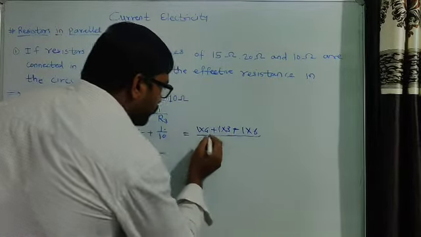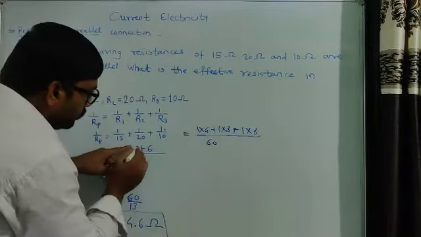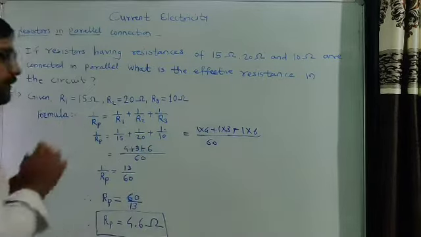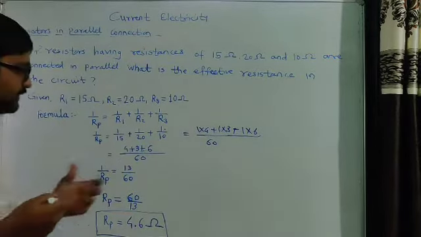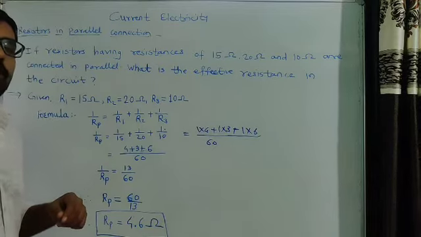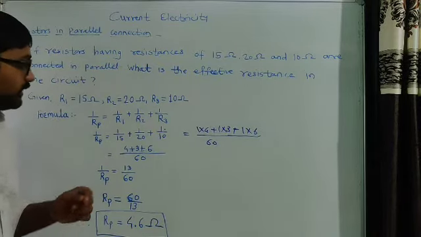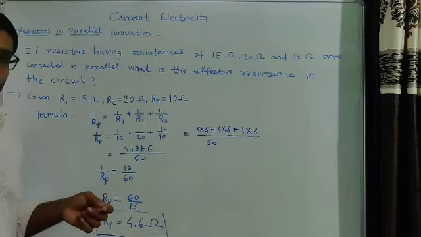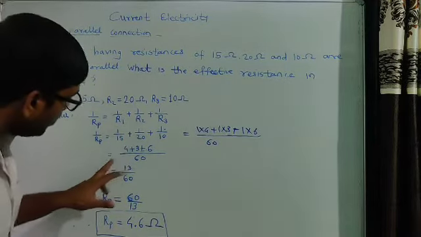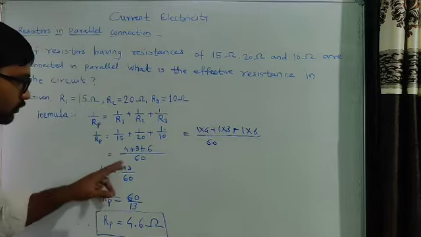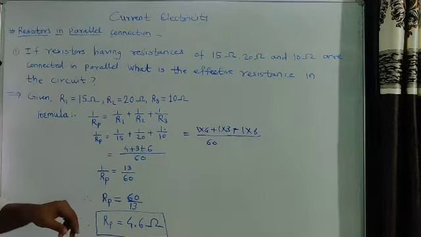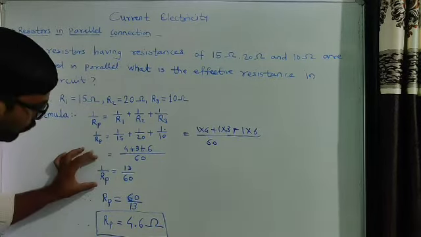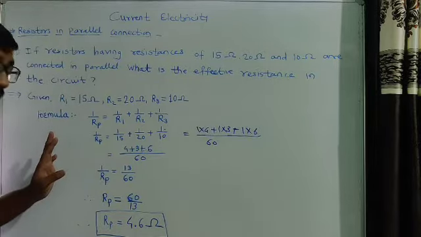So 1 into 4 is 4, 1 into 3 is 3, 1 into 6 is 6, divided by 60. We made a common denominator, the LCM of the numbers, which is 60, and according to that we multiplied the numerator also. So 1 by Rp is equal to 13 by 60. This is the value of 1 by Rp.